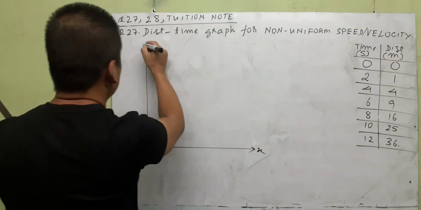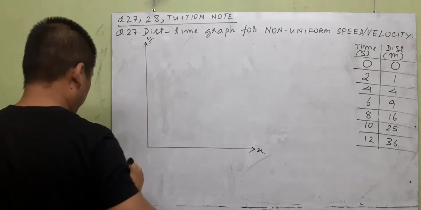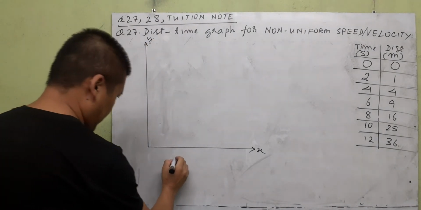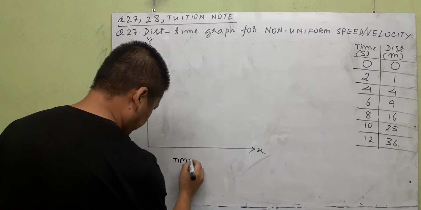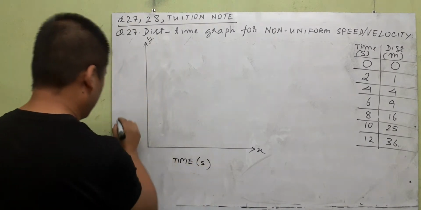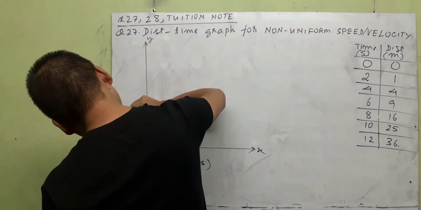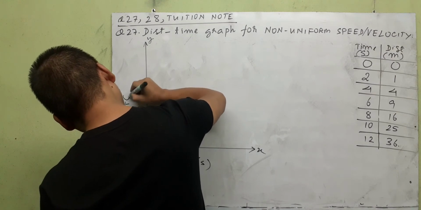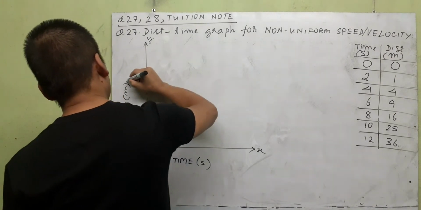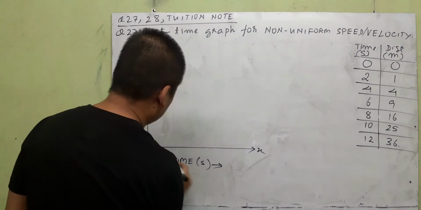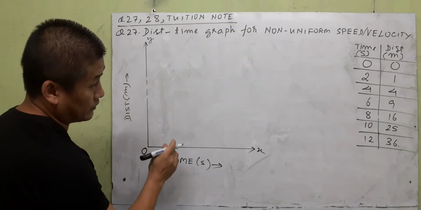On the x-axis, we are plotting the time, as yesterday. Time is given in seconds today, and on the y-axis, we are plotting the distance, today in meter. Here the meeting point is 0, the origin, and we need up to 12 seconds.